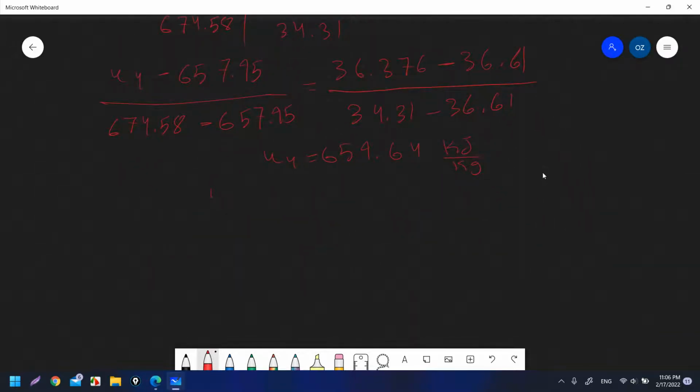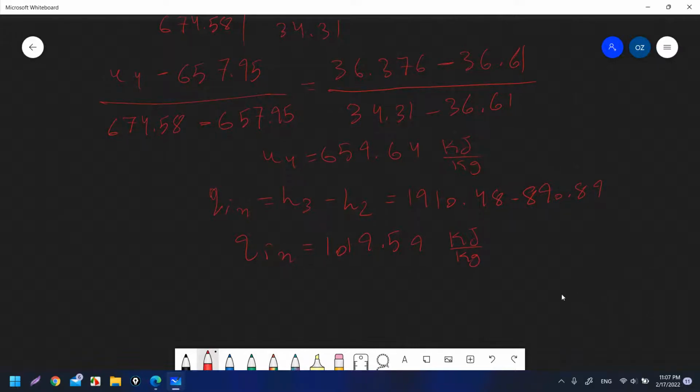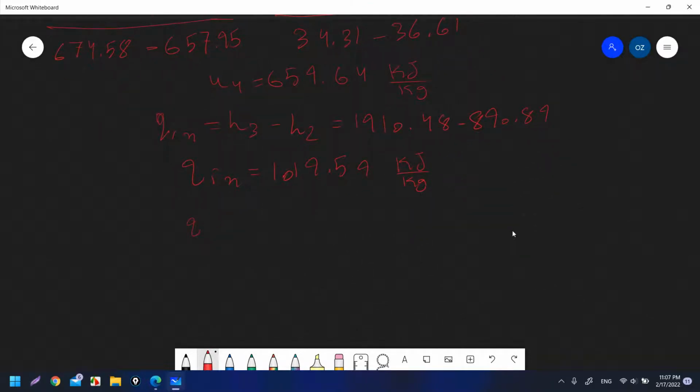And now I can find W net. In order to find W net, I have to find Qn. So Qn is equal to H3 minus H2. H3 is 1910.48 minus 890.89. So Qn is equal to 1019.59 kilojoule per kilogram. And Q out is equal to U4 minus U1, which is 659.64 minus 214.07.